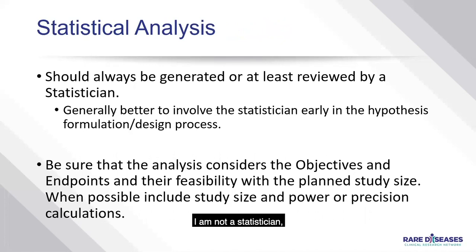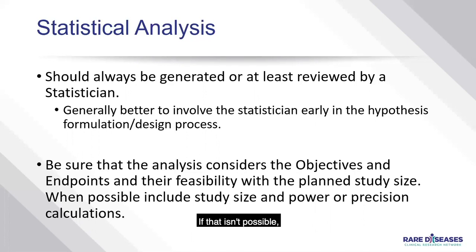I am not a statistician, so I can't give you a lot of information on your statistical analysis section. However, we always recommend that you involve your statistician early in the process. If they can be involved in generating the hypotheses and the design of the overall study, that's great.